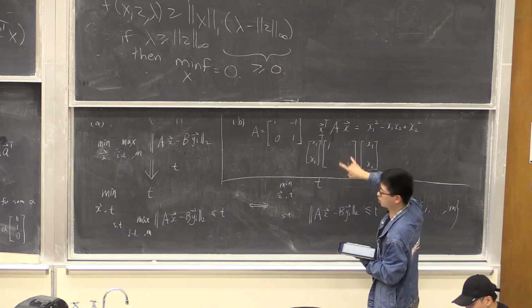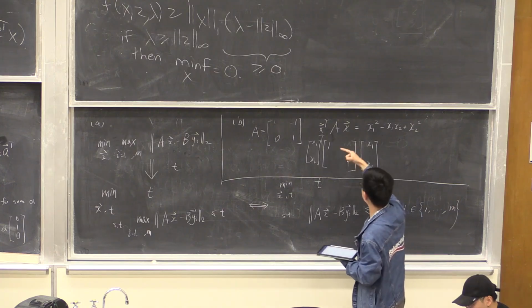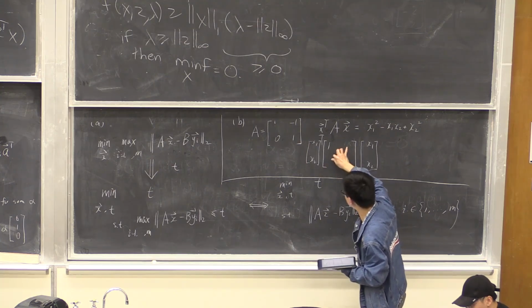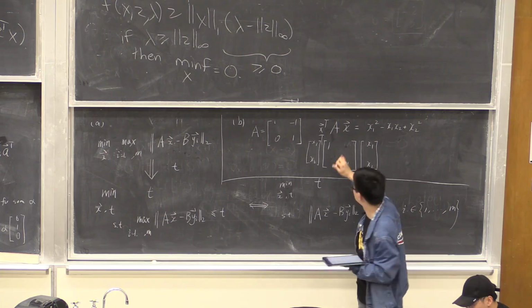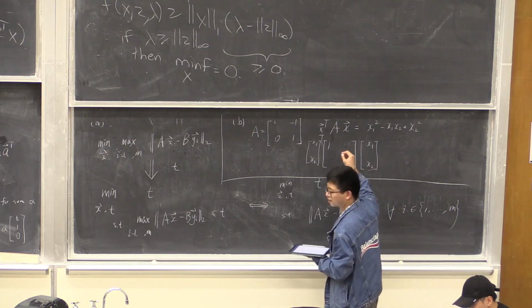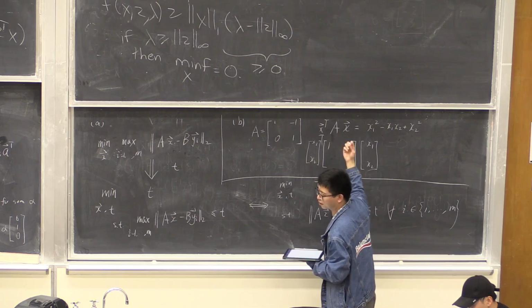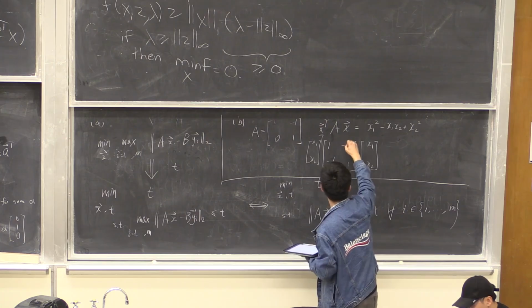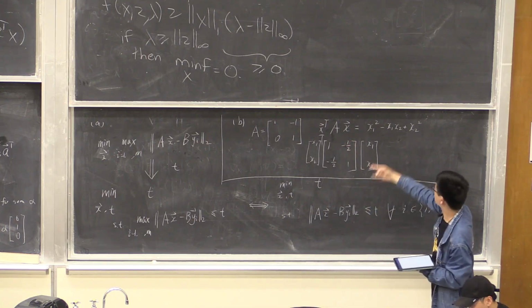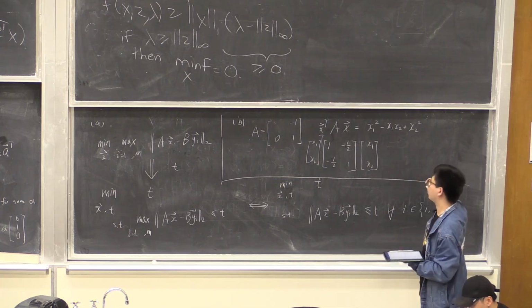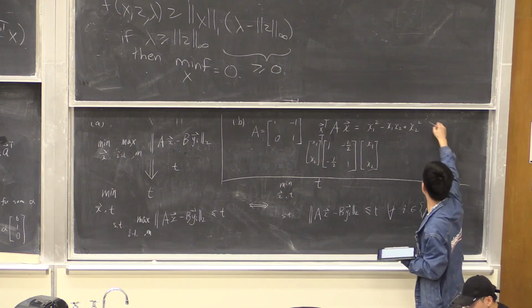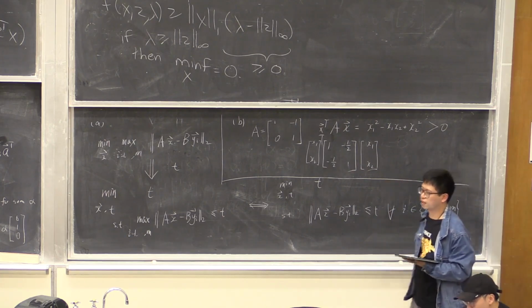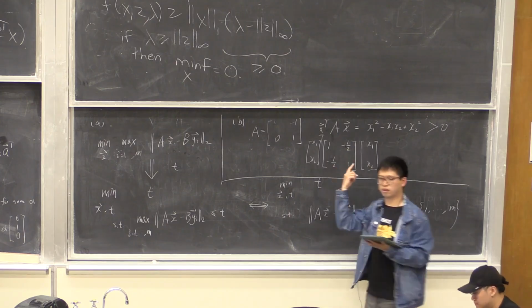And for these two, because it has to be symmetric, these two numbers have to be the same, right? You can just plug it in and maybe set an unknown, like b or something, and solve it. You get this thing. This is the same. And also, notice here, this is always greater than 0. So this is positive definite. Now this thing becomes a QP, a quadratic program.